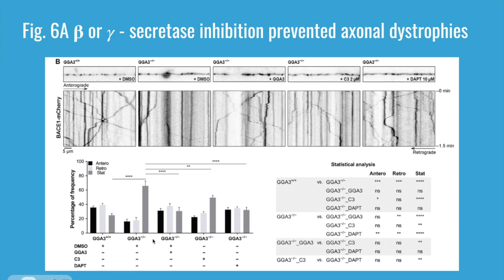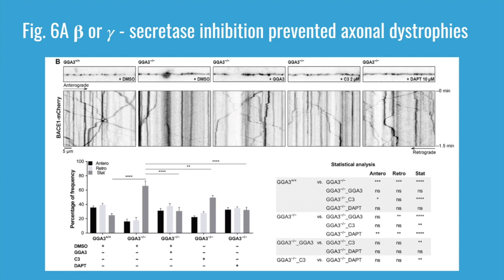And then, interestingly enough, with the reintroduction of GGA3 to the GGA3 deletion cells, we see that the reintroduction is capable of restoring the BACE1 trafficking. However, as you can see, this is just for restoring the retrograde movement, so towards the cell body, but the reintroduction of GGA3 was not capable of rescuing the anterograde vesicles.